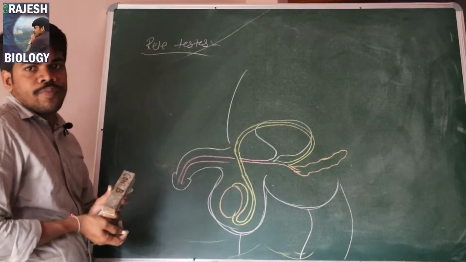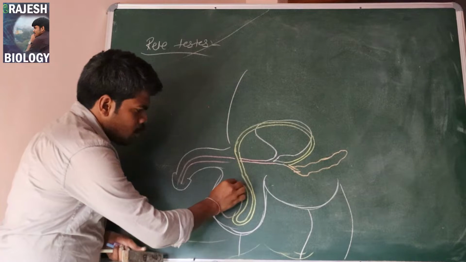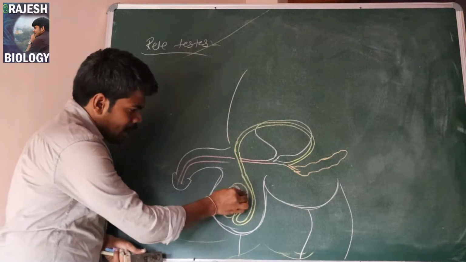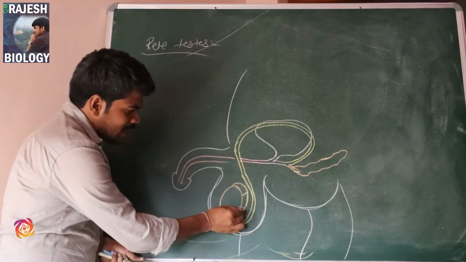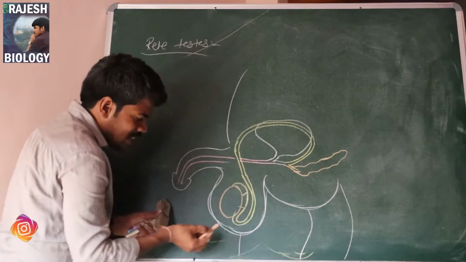So here, try to understand this diagram. It is the testis, and on the posterior surface of the testis there is the epididymis, and it is the caput epididymis, corpus epididymis, cauda epididymis. The cauda epididymis opens into the vasa deferentia.